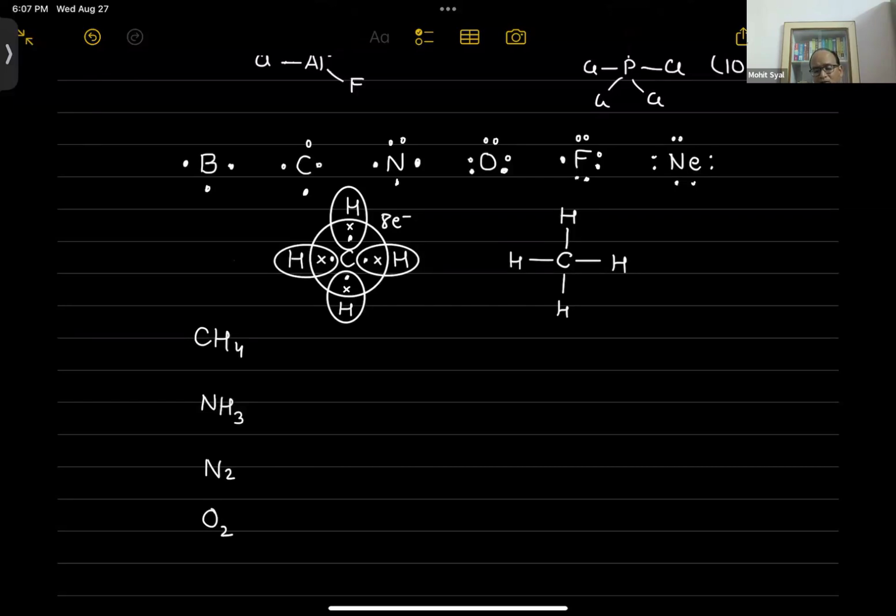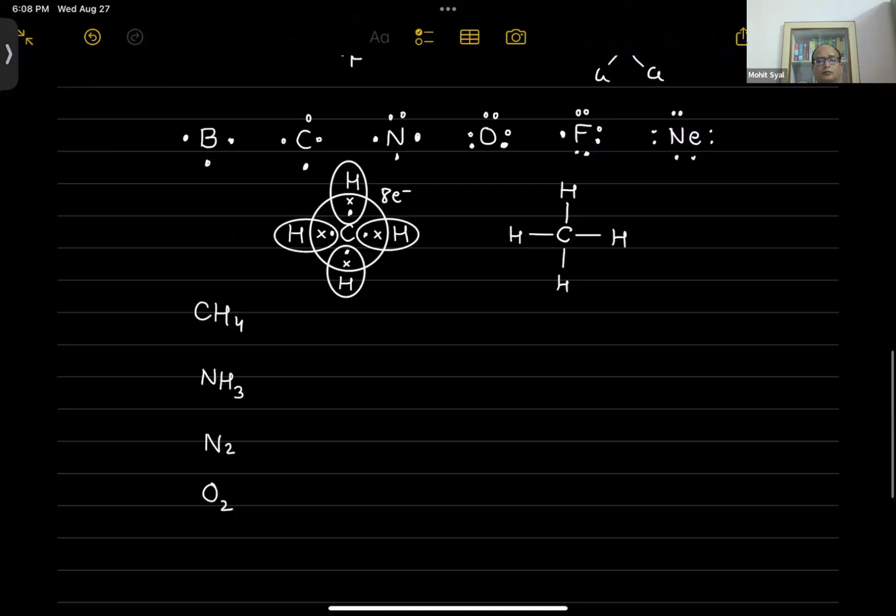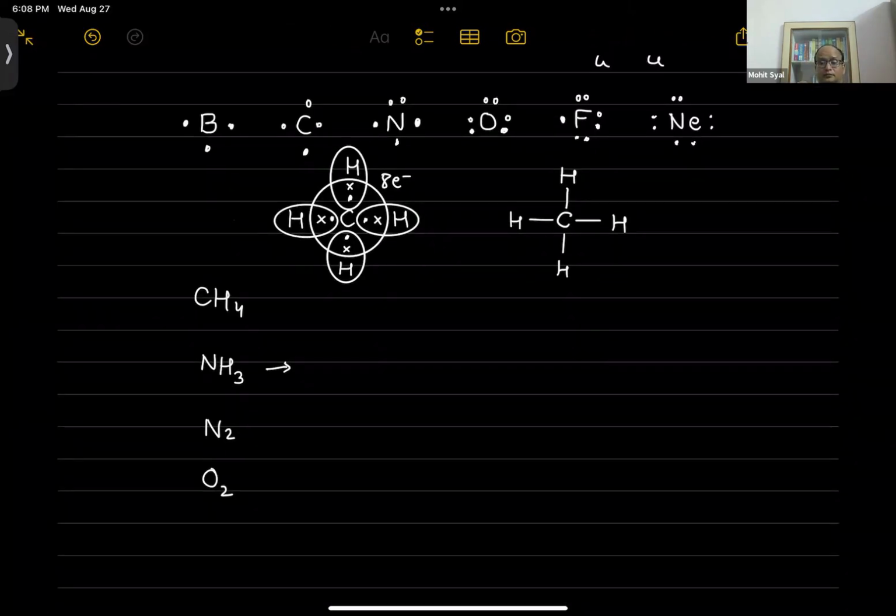Similarly, let's figure out the Lewis dot structure of ammonia, NH3. Nitrogen has 5 valence electrons.